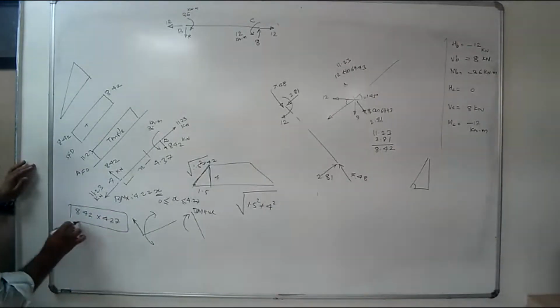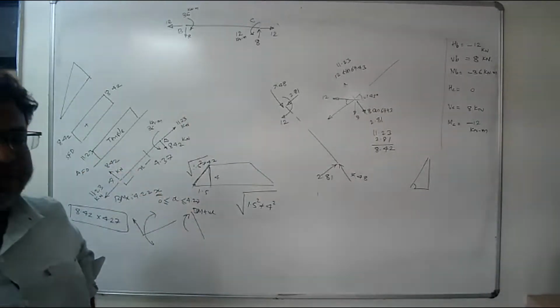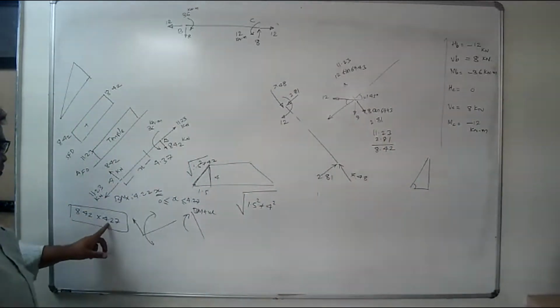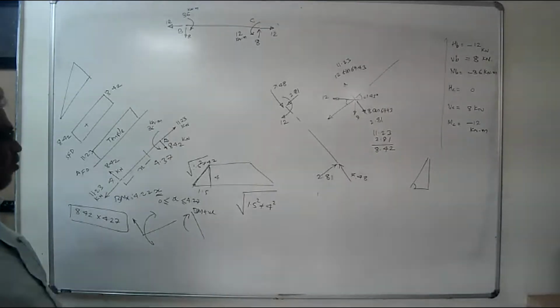If you multiply these two, अभी कितना आएगा देखिए, now it must be 36. बैलेंस होना ही चाहिए. How much it is? 8.42 multiplied by 4.27. What is answer?